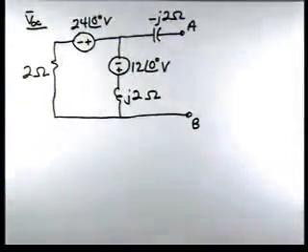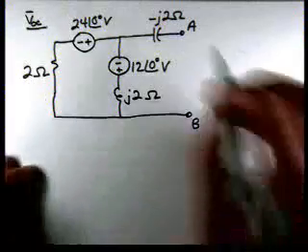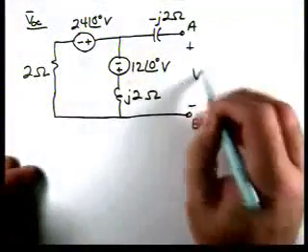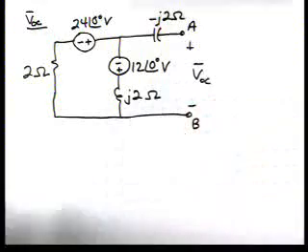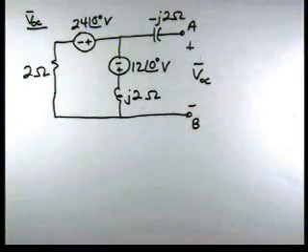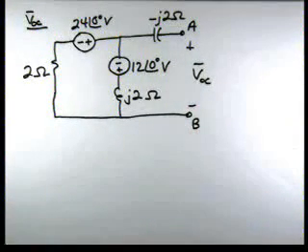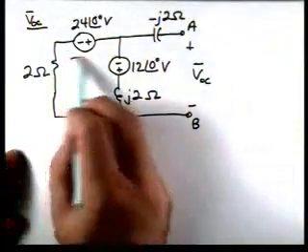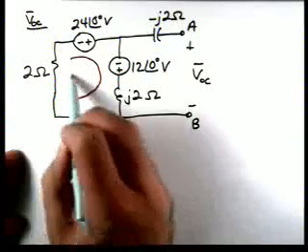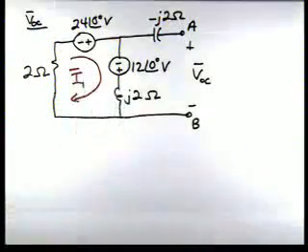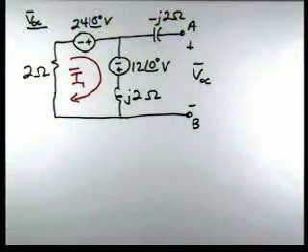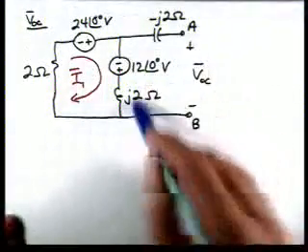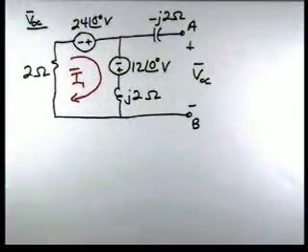We've removed ZL. Here's our voltage VOC that we need to calculate. We really have a single loop circuit here. Let's define a current I1 and calculate I1. Once we have I1, we can apply KVL around this loop to find VOC.